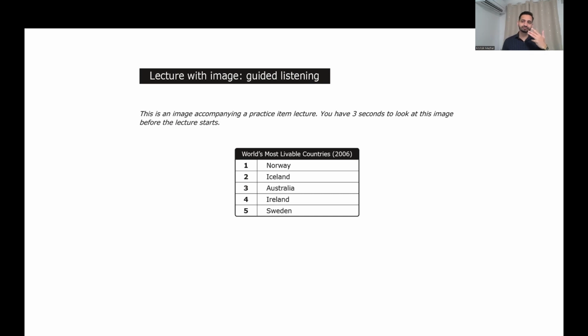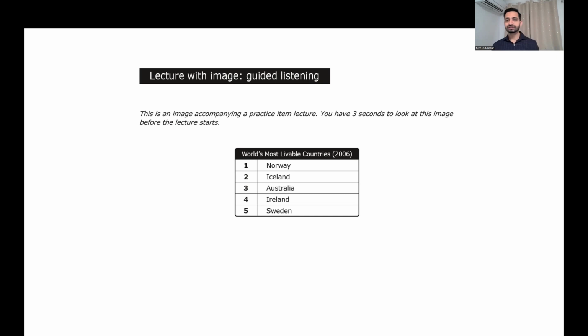We'll get 3 seconds before the recording starts, so you can quickly glance at the image and see if you can understand something from it. Once the recording starts, your full attention should be on listening to the recording, not reading anything. You don't want to multitask reading and listening at the same time. You just want to listen very, very carefully, okay?